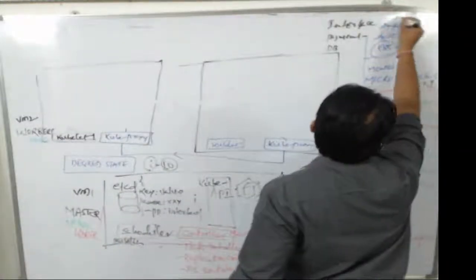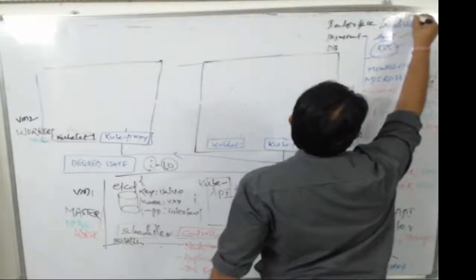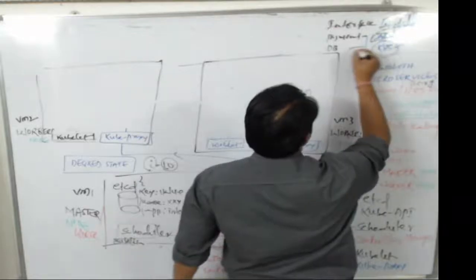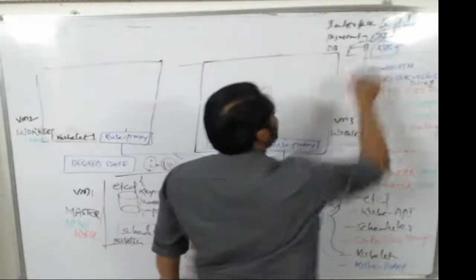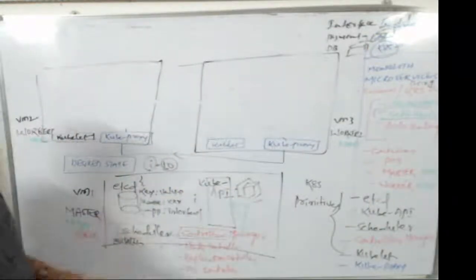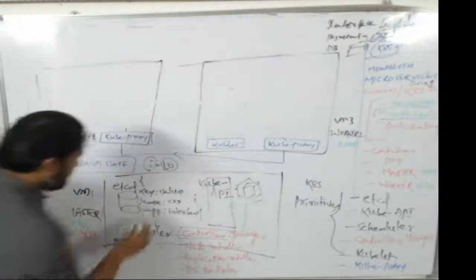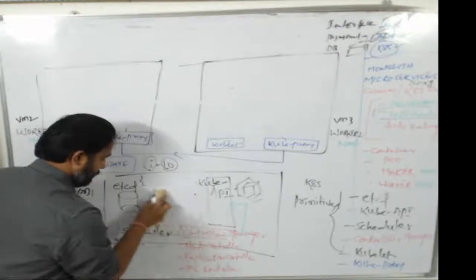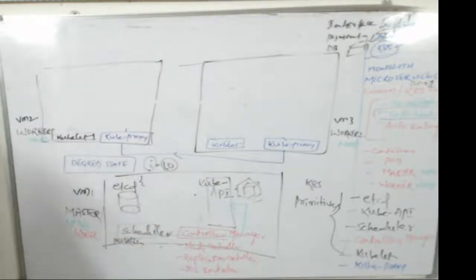So these are 3 containers we are talking about. So container, container, container. Let's say the desired state you wanted for these 3 things, you have put in here into the etcd.